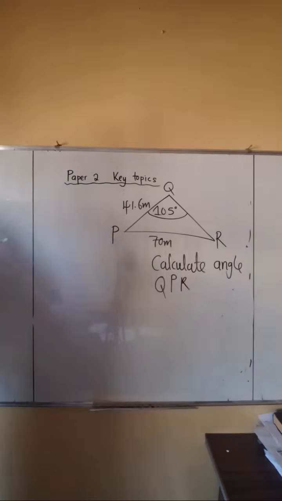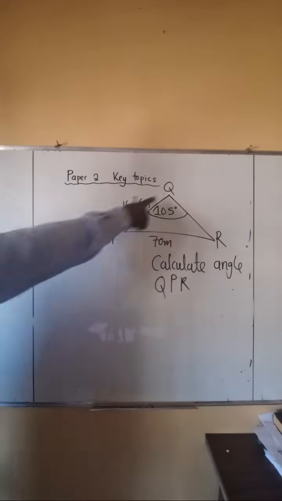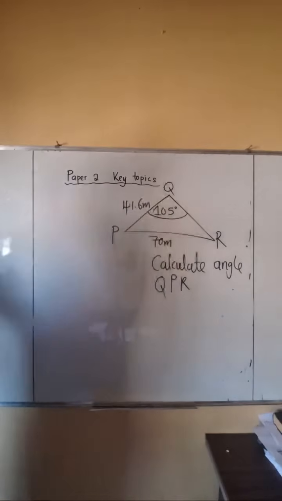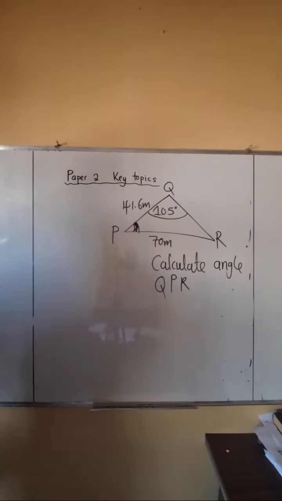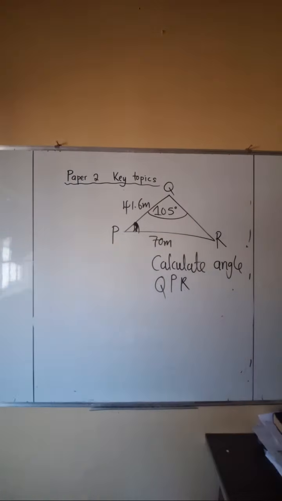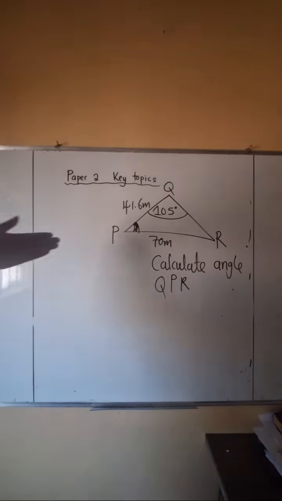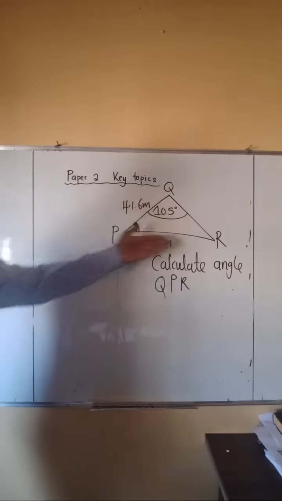QPR. We are looking for this angle. Can you see the angle which is here? We're looking for this angle. When you look at the question or the diagram, which rule can you use?